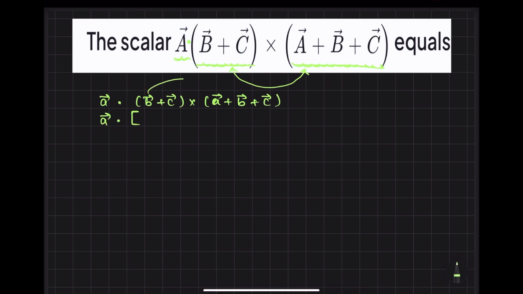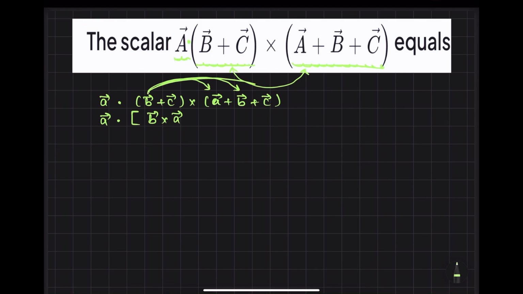So first it is B cross A, so B cross A. Second, it is B cross B. So B cross B, why cross? Because in between them we have cross. So B cross B means what? Mod B, and then mod B, and then sine theta, and the angle between B and B is 0. So sine 0 is what? 0. So B cross B will become 0.